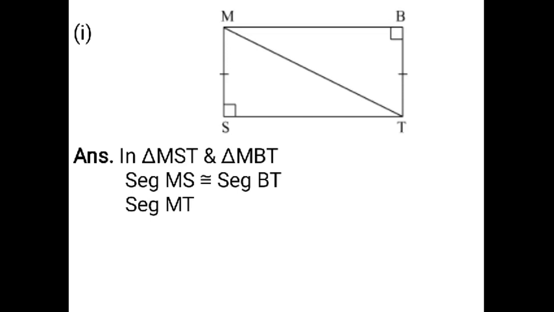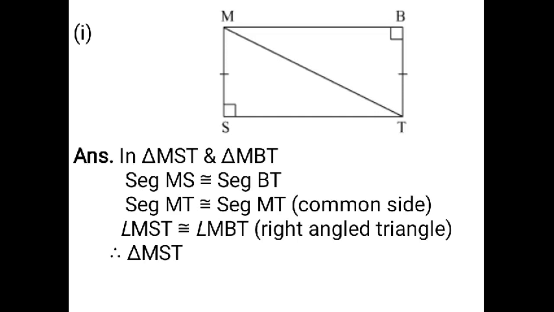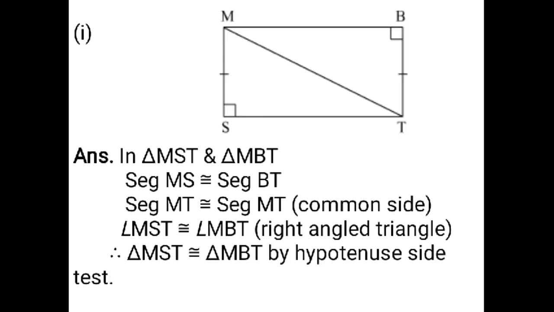Segment MT is congruent to segment MT, common side. Angle MST is congruent to angle MBT, in bracket right angle. Therefore, triangle MST is congruent to triangle MBT by hypotenuse side test. If you have the congruence of two right angle triangles in any figure, it is the hypotenuse side test.